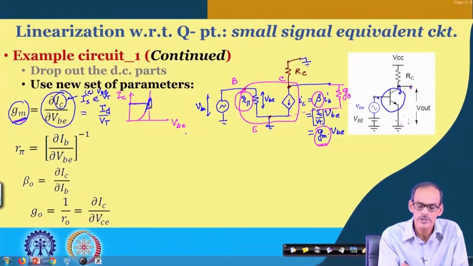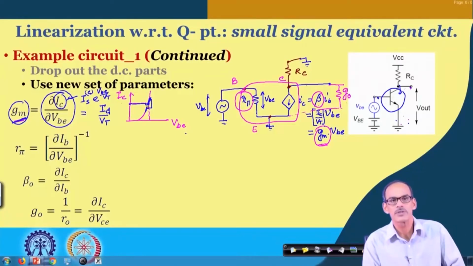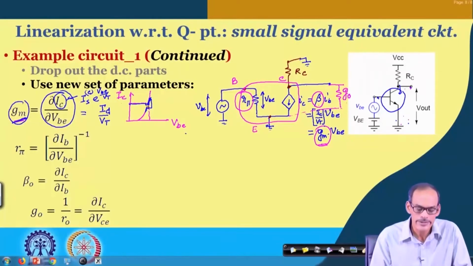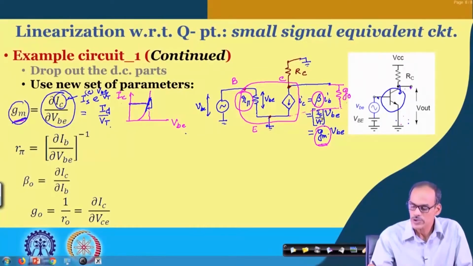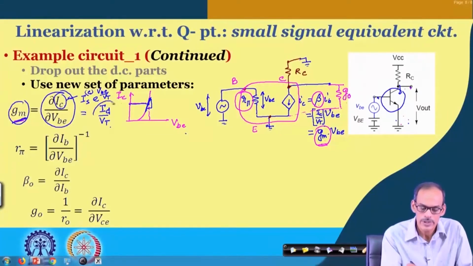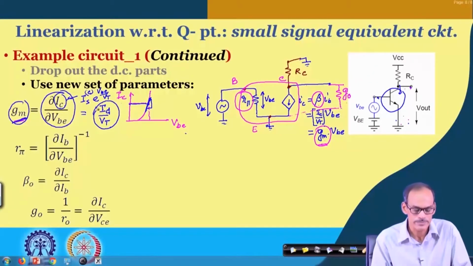If you consider the slope of this line, throughout this range we can assume the slope remains constant, and hence you may say this is capital IC divided by VT. So that is what we obtain here, the expression of gm: capital IC divided by VT.